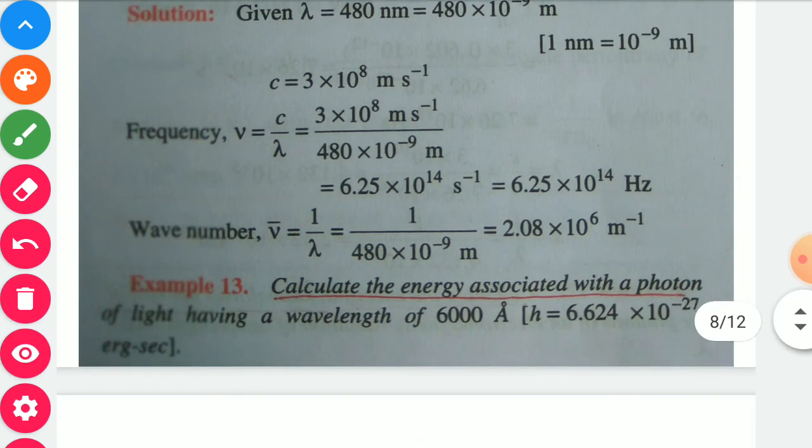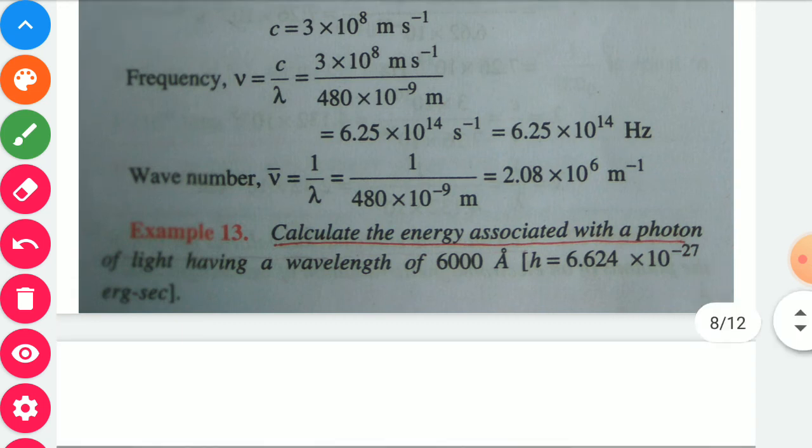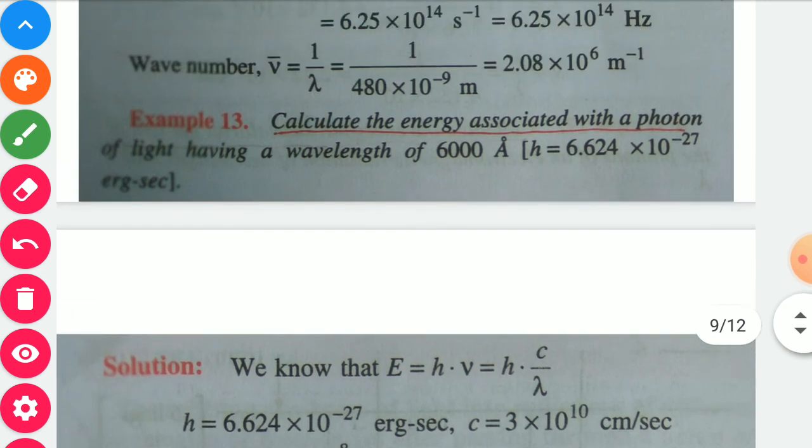Next question: calculate the energy associated with a photon of light having a wavelength of 6000 angstrom. Here h, that is Planck constant, value is given 6.624 into 10 to the power minus 27 erg second. In this question we have to find out energy associated with the photon having this wavelength.